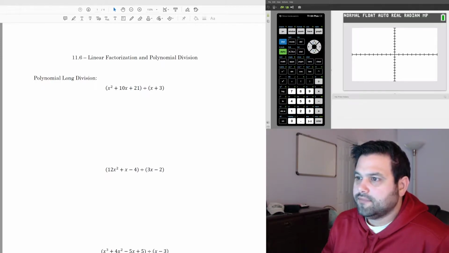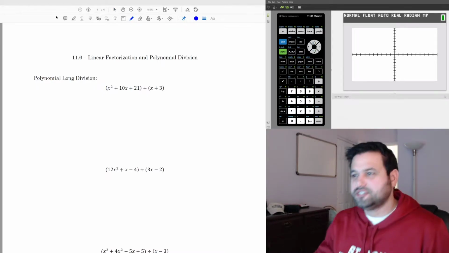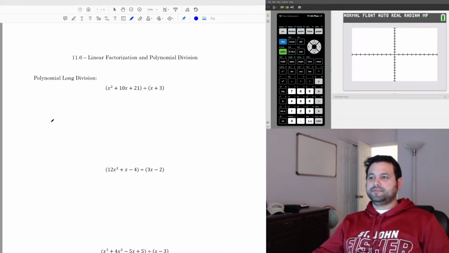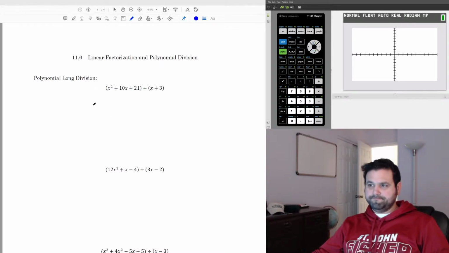So first of all, we're going to talk about polynomial division, the long division. So this is very similar to long division like with numbers, except now we're just doing it with polynomials. So basically, we're taking x squared plus 10x plus 21, and we're dividing it by x plus 3.